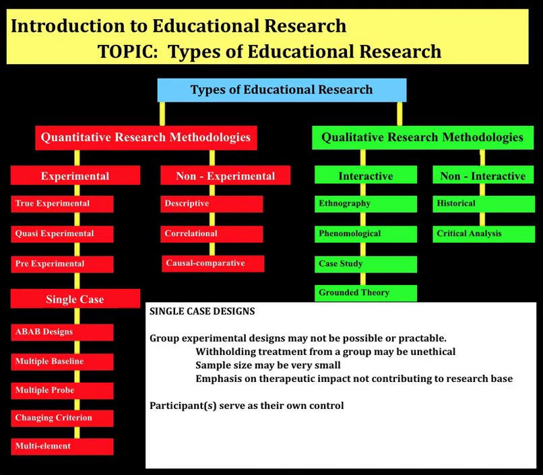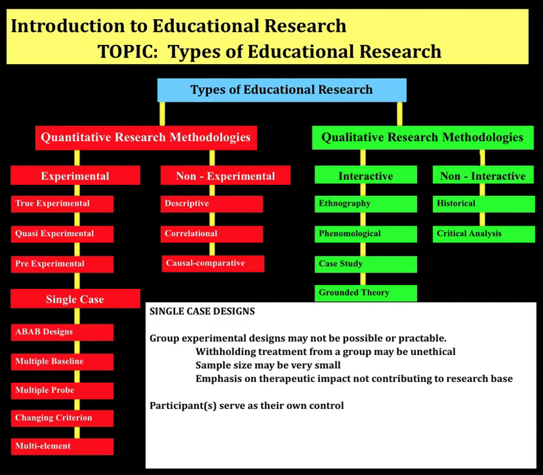Okay, now let's take a look at what are referred to as single case designs. There are a whole series of them, which there are videos on, which you will see. But I'm not going to go through each of these individually. But with single case designs, there are many times when group experimental designs may not be possible or may not even be practical.